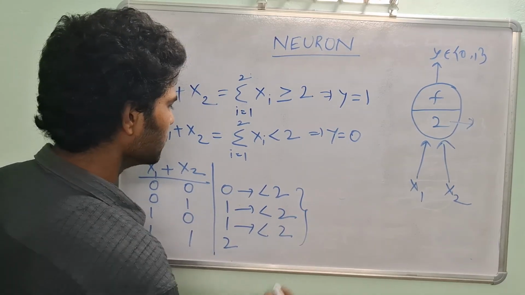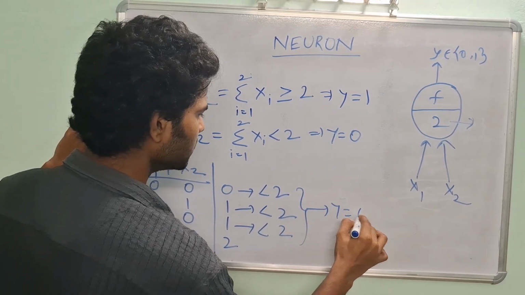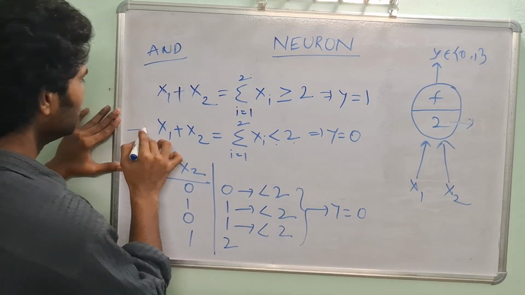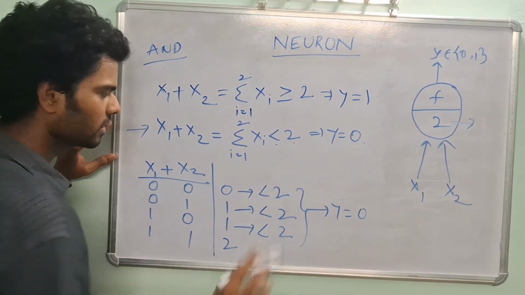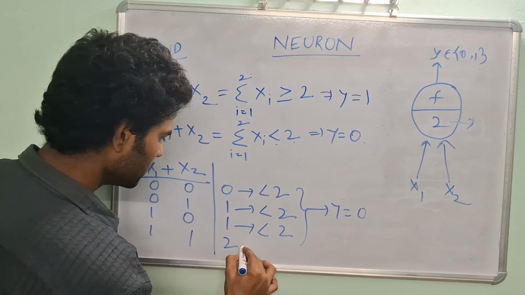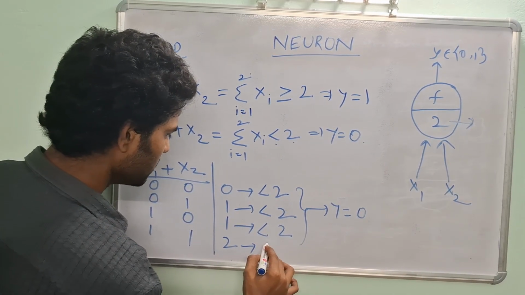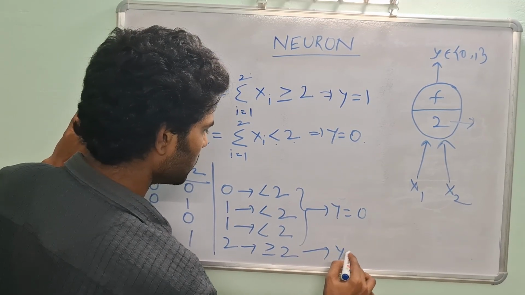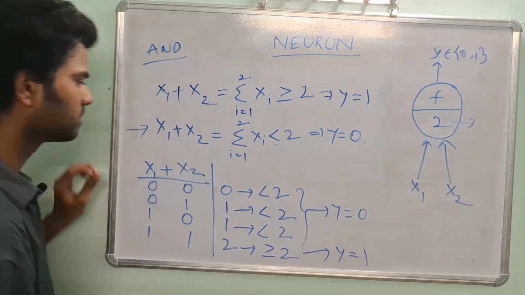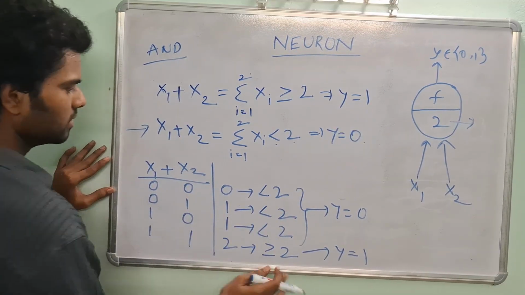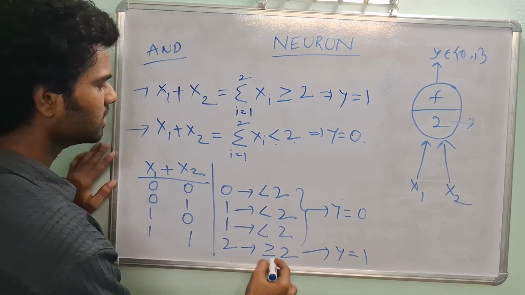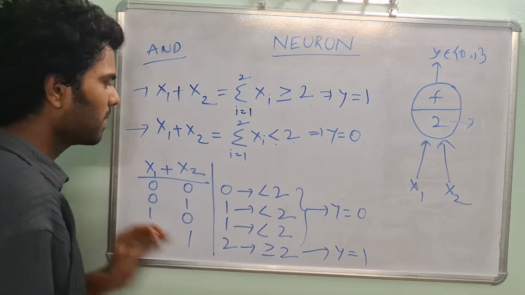In these three cases the output becomes 0 only. Here the sum is greater than or equal to 2, so in this case the output becomes 1 only, because this is greater than or equal to the threshold value.